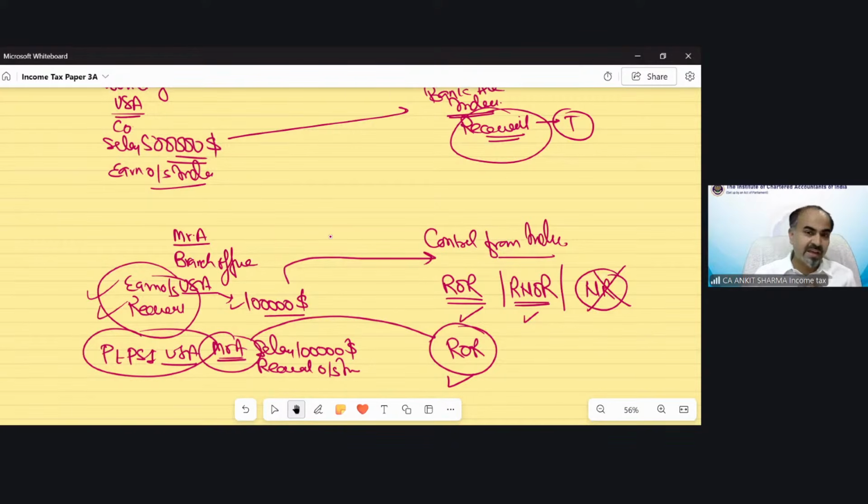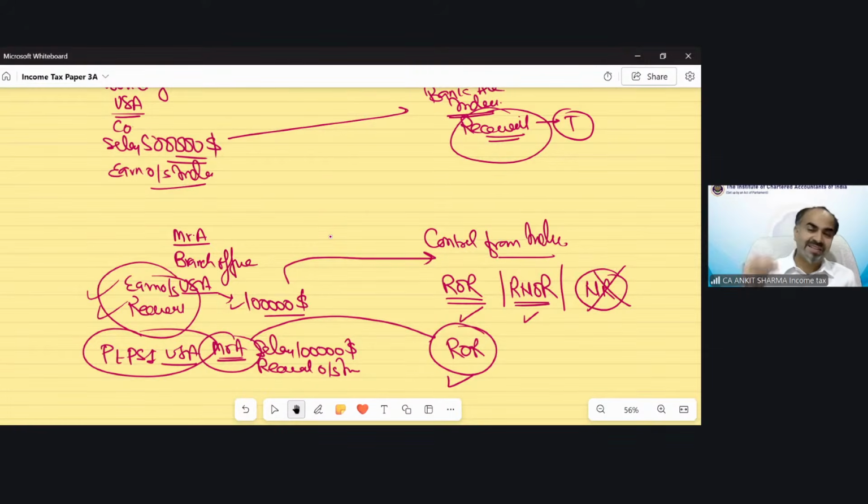So technically, if you earn anything from anywhere in this world, whether received in India or not, arising in India or not, controlled in India or not, you have to pay tax on that income in India.